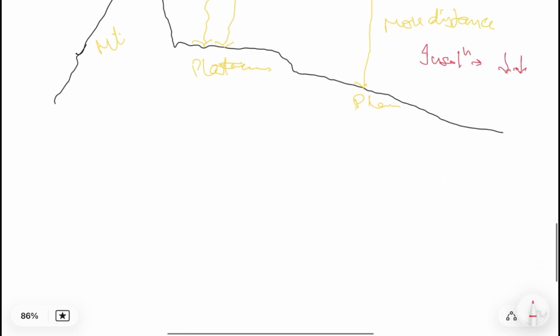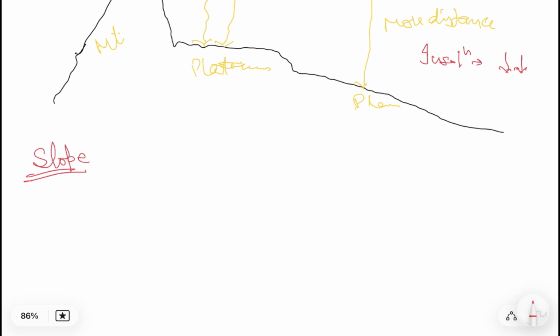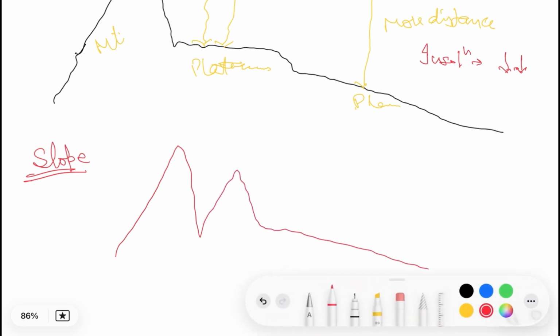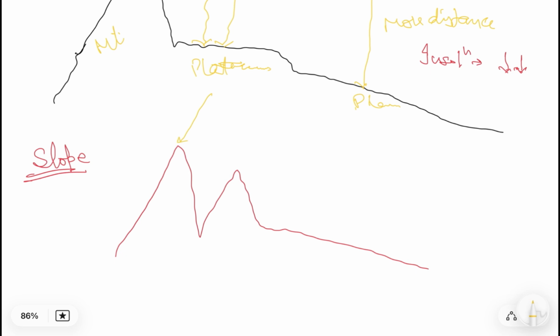And there is one more effect, that is the effect of slope. So these are the mountains, the plateaus. When the incoming solar radiation comes, the experience at the top will be more as compared to the slanting sides.